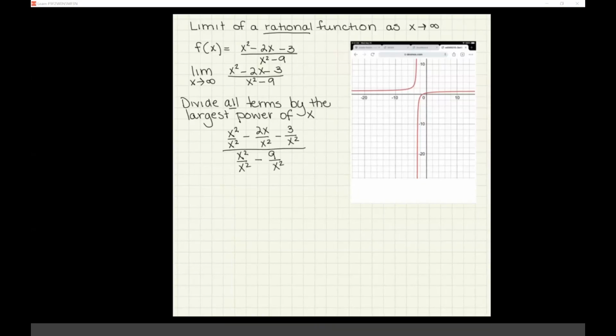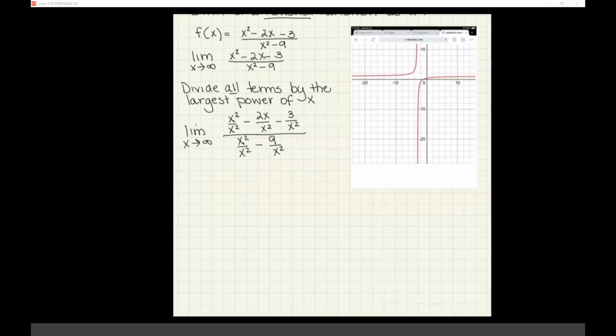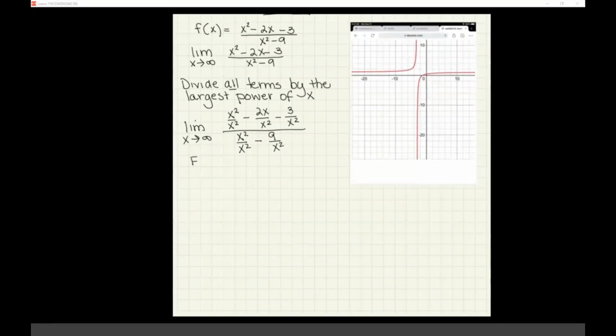Okay? This is perfectly okay algebraically because I'm doing it to everything. I'm dividing by x squared. Okay, the next step is to factor out the common factors.